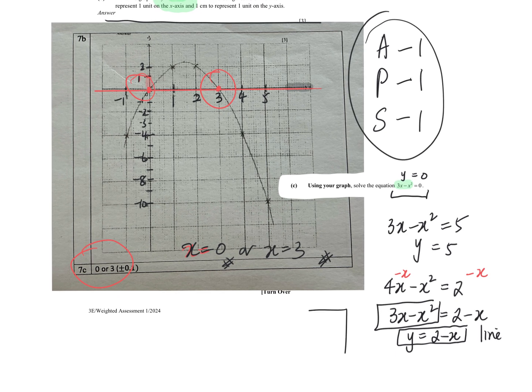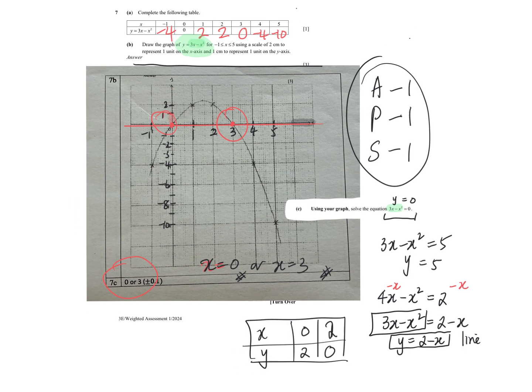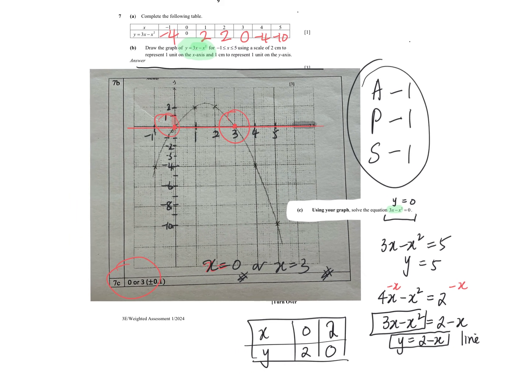Then you go and plot a table of values. Only 2 x values will do. You can draw a line with that. So it's 0, 2, 1 and no, maybe 2 and 0. So you go and plot. This is an example. If I ask it in a different way, then you go and draw the line. And then your two solutions come from where it intersects.